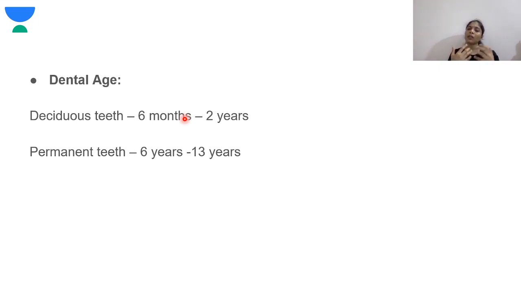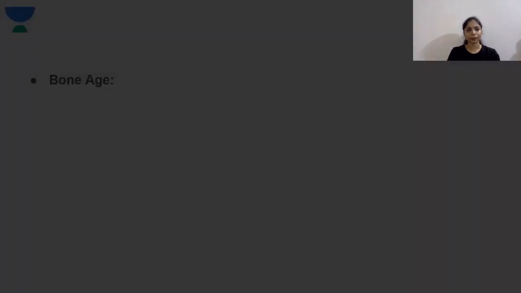But delayed eruption can also happen in familial conditions, genetic causes, and idiopathic causes. All this helps us find out what the abnormalities are.